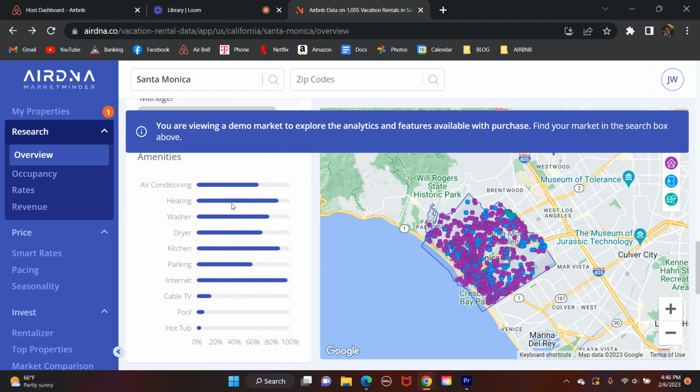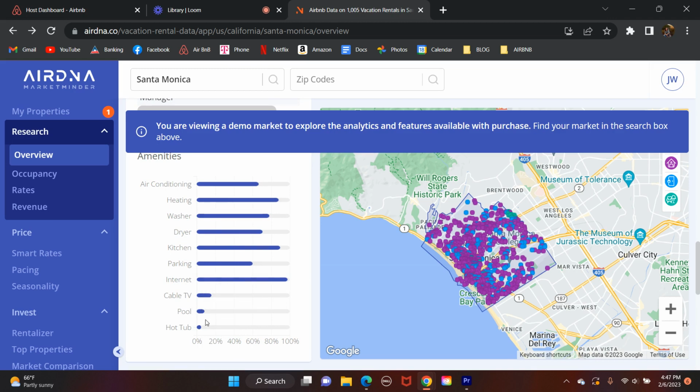Of course, you want to make sure that you are competitive with your amenities, the basics: air conditioning, heating, washer and dryer on the premises, internet, of course, pool, hot tub, right? A lot of people, when they travel, want a pool or a hot tub. It's one of those amenities that can really get your place booked pretty frequently. But in Santa Monica, there's not a lot of properties that have those two.